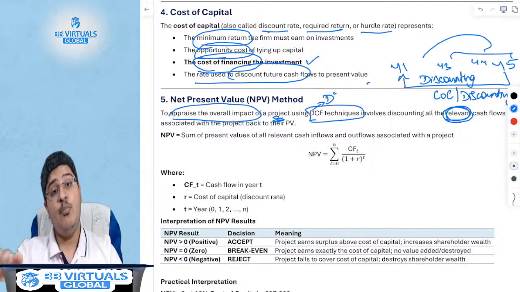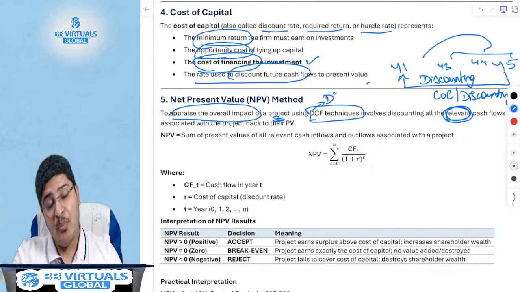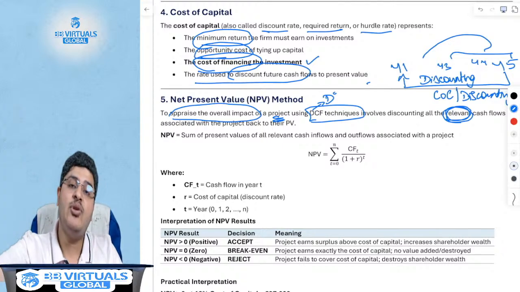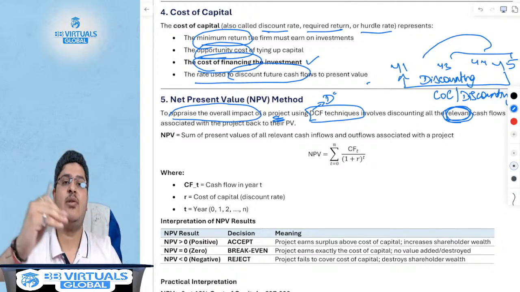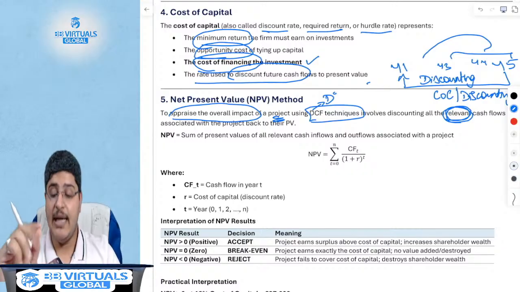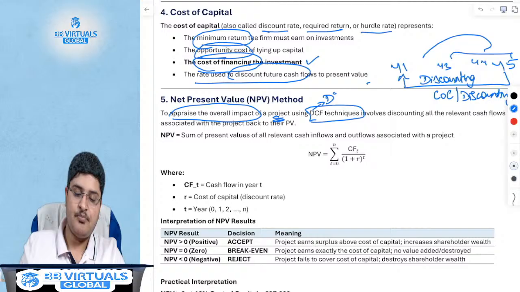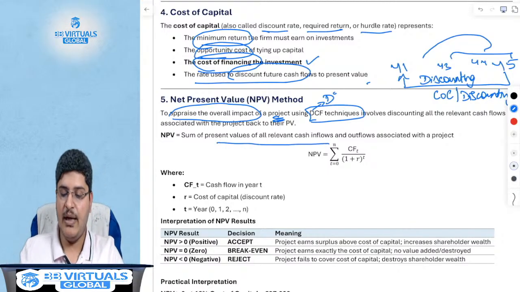But if you decide whether to buy popcorn or not, that is a relevant cash flow, because that is a future cash flow, that is incremental cash flow, something that you have not incurred yet. This is what we studied in the previous chapter, which is chapter number 2. NPV is nothing but the sum of all present values of relevant cash flows.